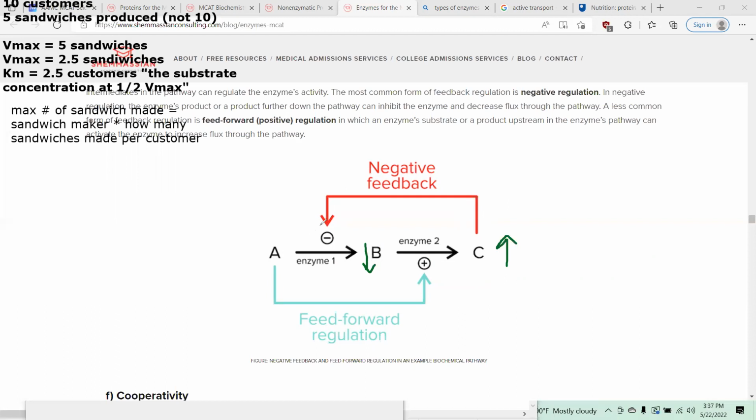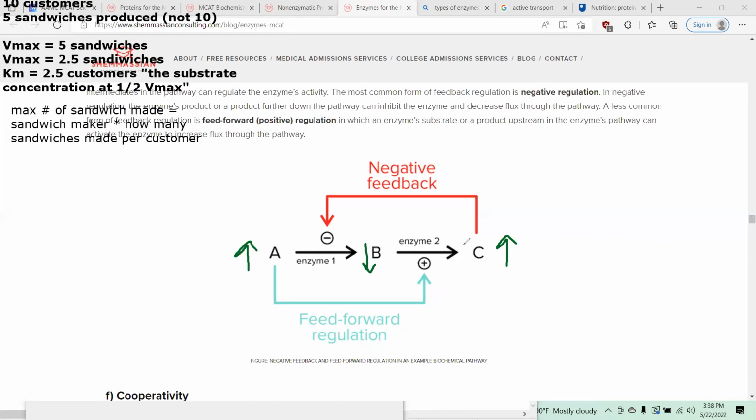That's negative feedback. Now we have feedback, and now we have feed forward. Feed forward says, let's say we have way too much A happening, right? If we have way too much A, then we need to convert some of the A into downstream products. So A is going to activate enzyme 2 to convert some of the B into C. So when it converts some of the B into C, B is going to go down and C is going to go up.